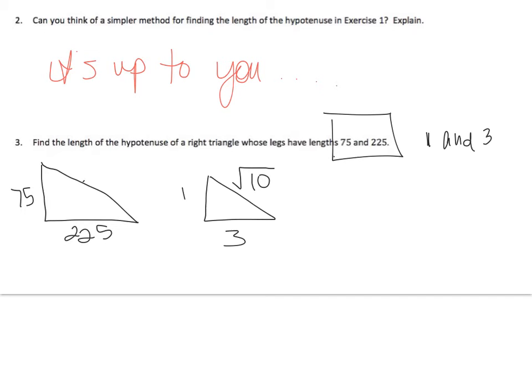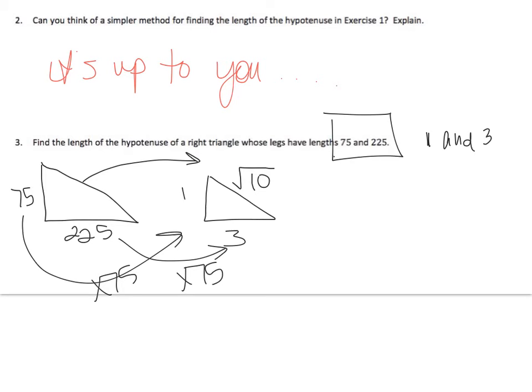Therefore, since here it's times 75, here it's times 75, therefore here it's going to be times 75. So my answer should be 75 square roots of 10, right? Let's check it really quick.